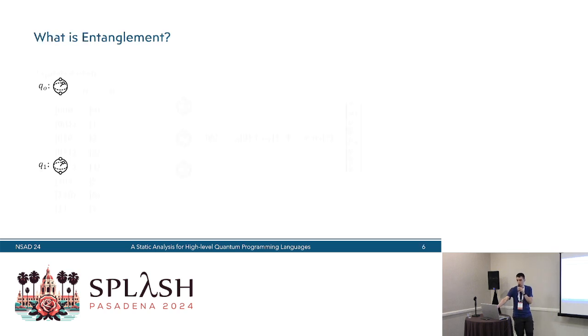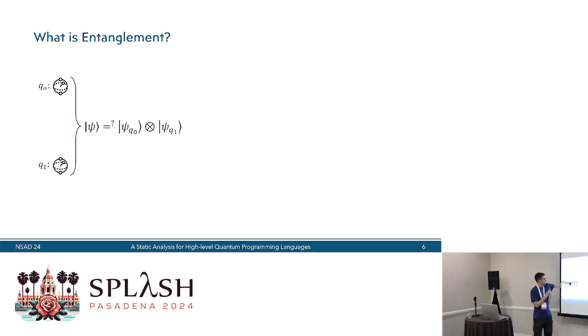So for example, if you have these two qubits, their state is a state in a space that can be obtained by composing these two single spaces. So if you have two qubits, can we express the state of these two qubits by composing, using the tensor product, the single states of the qubits?